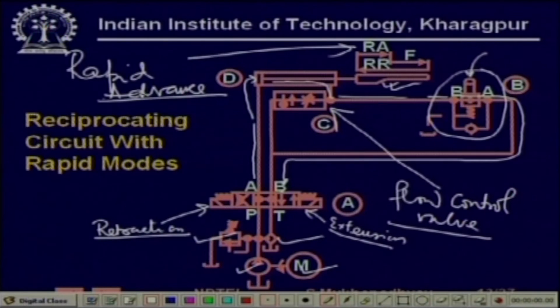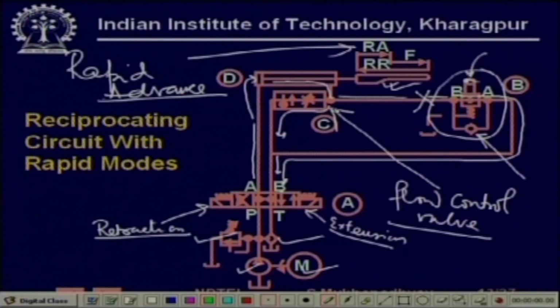Then after a certain distance, this touches this and pushes it. So, during that time this operates and this is closed off. It cannot pass through this check valve, no flow along this. So, now the fluid is forced to flow along this.